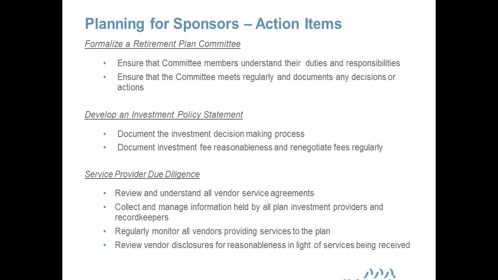Collect and review the investment provider information, and monitor your vendors that provide services to the plan. A lot of clients I've seen have multiple vendors that are offering very similar options. You may want to consider consolidating your vendors. And then review the vendor disclosures.